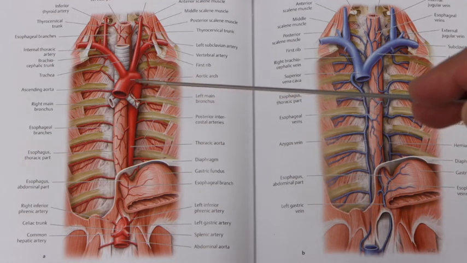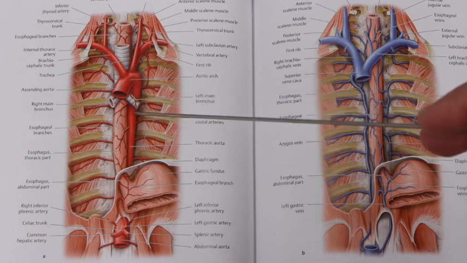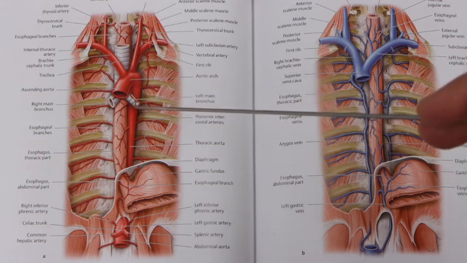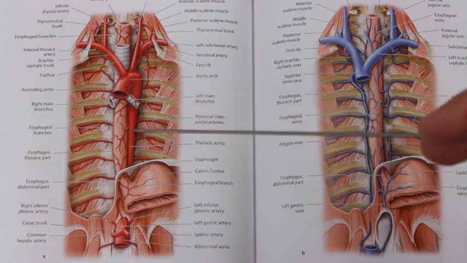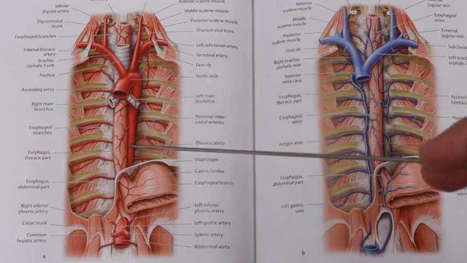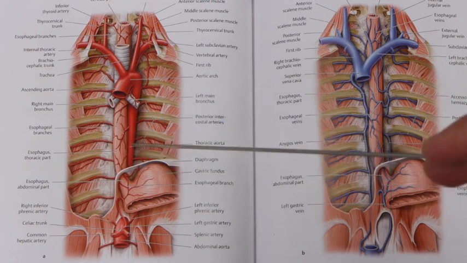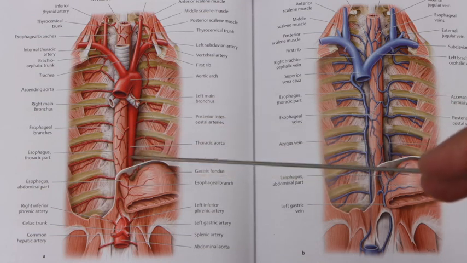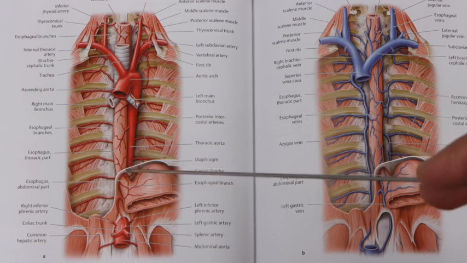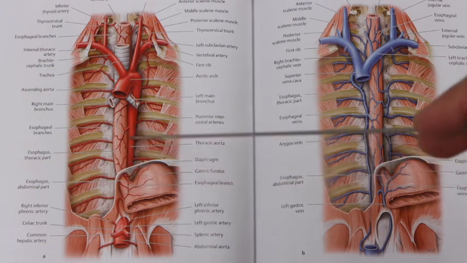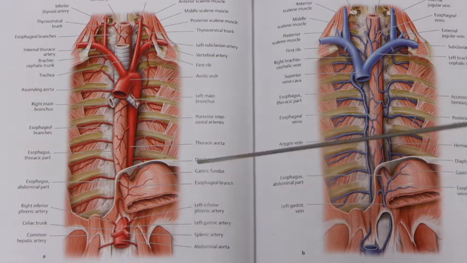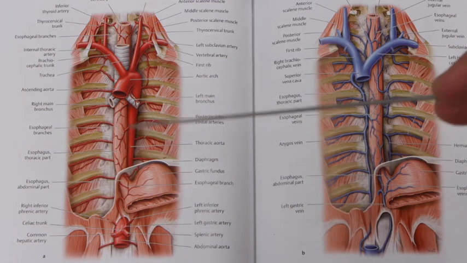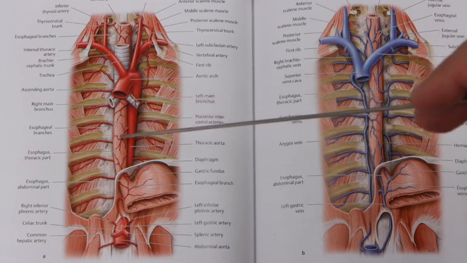In the beginning, the cranial segment of the aorta is more to the left side and a little bit anterior to the vertebral column. And as we reach the caudal segment, the aorta goes to the midline in front of the vertebral column.